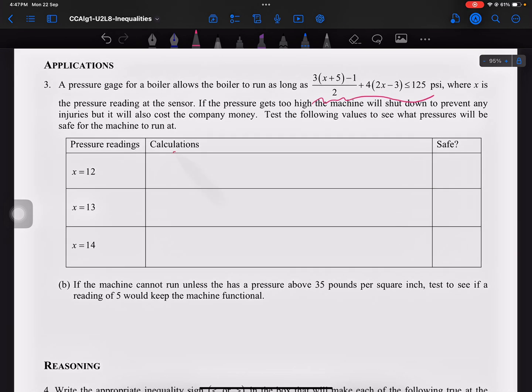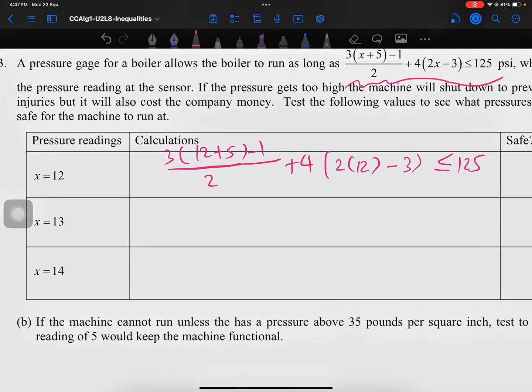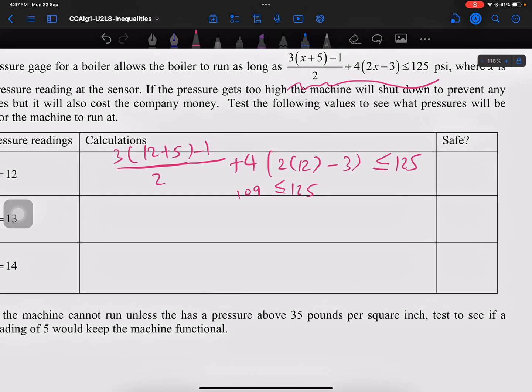So 3 times 12 plus 5 over 2 plus 4, 2 times 12 minus 3, less than 125. 109 less than 125. The answer is safe or not? Yes. Next, if I put 13 inside, you must be very careful while plugging into the calculator.